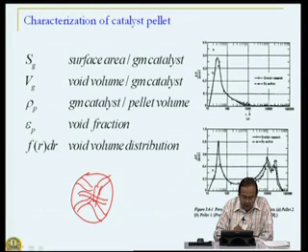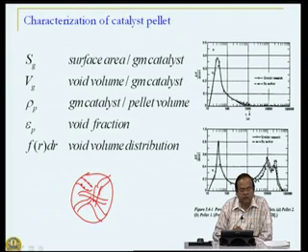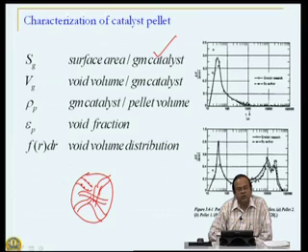And it is the inside of the pore onto which my active material is placed. So, it is that inside area that is of importance to me, and some time back I said that the external surface area is of little relevance as far as the catalytic reaction is concerned. So, we characterize the catalyst, for example, using surface area per gram of catalyst, Sg.